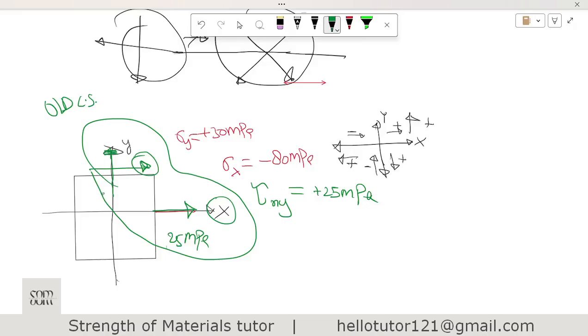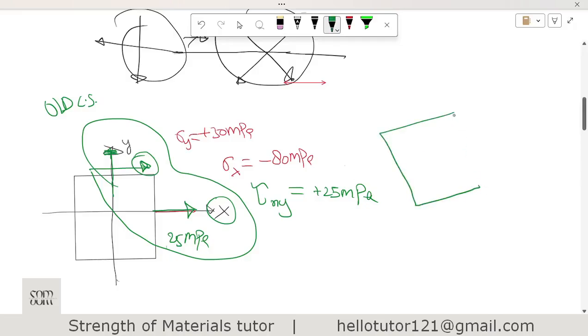Now if we rotate it, for example, let me show you here. This is the rotated y-axis and the rotated x-axis. Why?